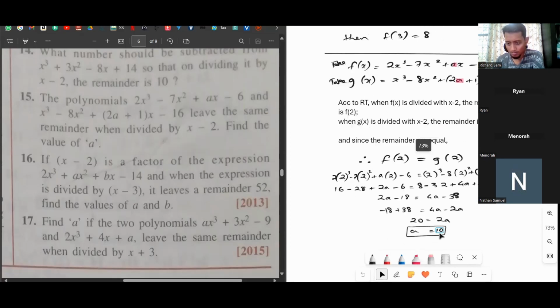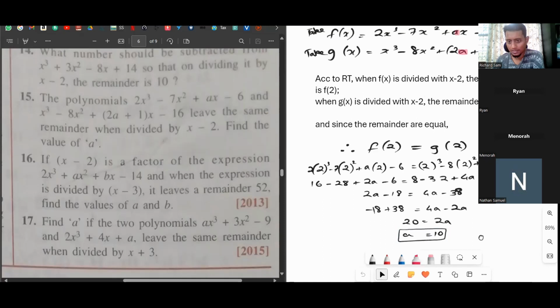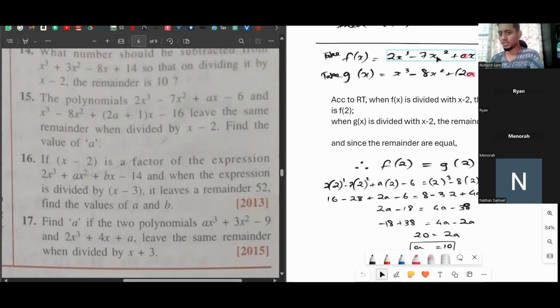Here, yeah, this is the sum. We got 10. Is it the same question? Just check. I got 10 only. Even Ahmed is also saying a different answer, so check if your f of x and g of x are the same. 2x cubed minus 7x squared plus ax minus 6. Yes.